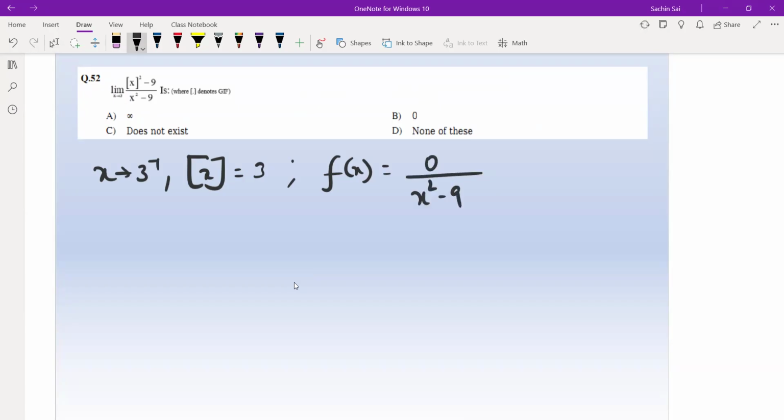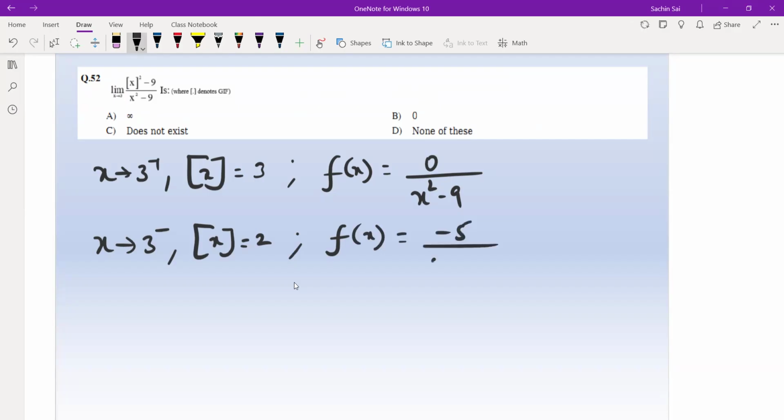Now when x tends to 3 minus, step of x will be 2. When x is slightly less than 3, we take step of x as 2, which means f of x will be minus 5 by x squared minus 9.